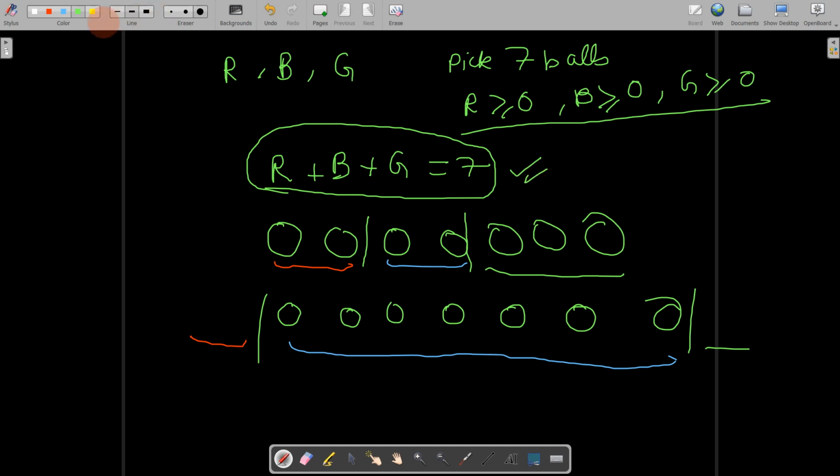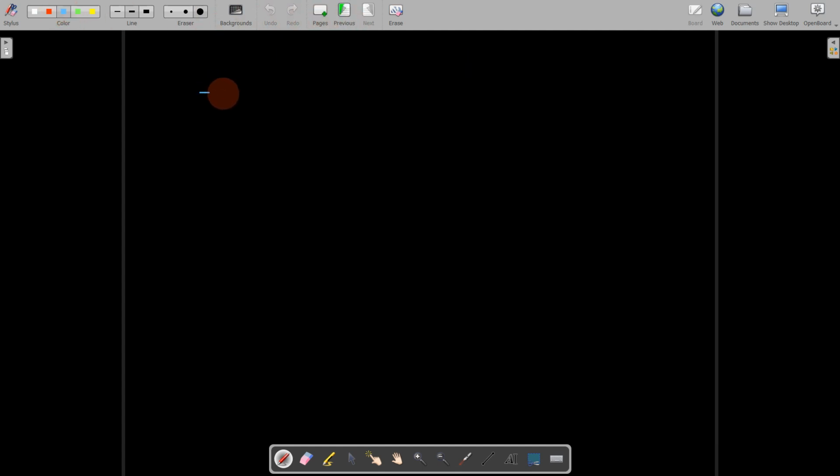So how do we do it? In total how many places do we have? 7 stars and 2 vertical bars. So that means out of 9 positions, we have a total of 9 blank spaces: 1, 2, 3, 4, 5, 6, 7, 8, 9.